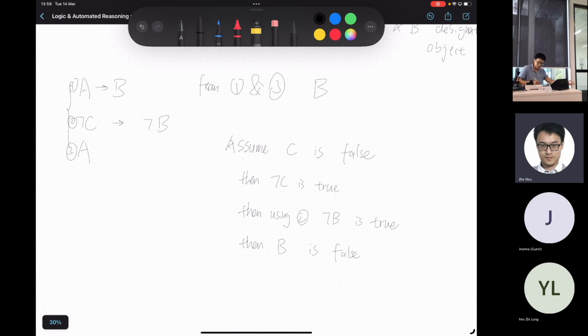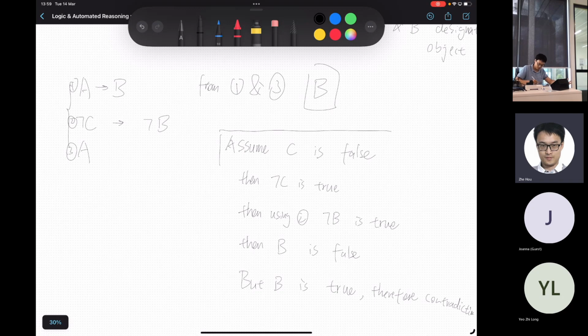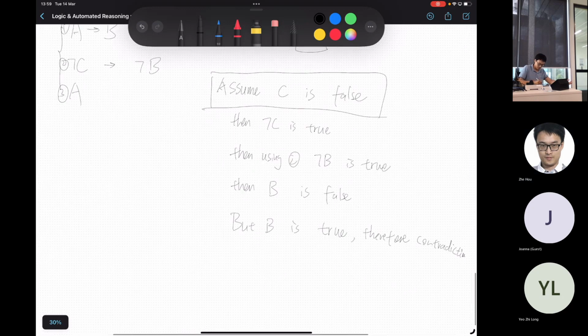What's a contradiction? Well, we just derived that B must be true, but now B is false. Therefore, we have a contradiction. Why? The reason is that we assumed something that is incorrect. So the only problem in this reasoning is the assumption that C is false.